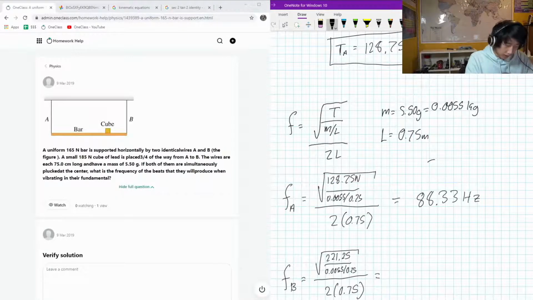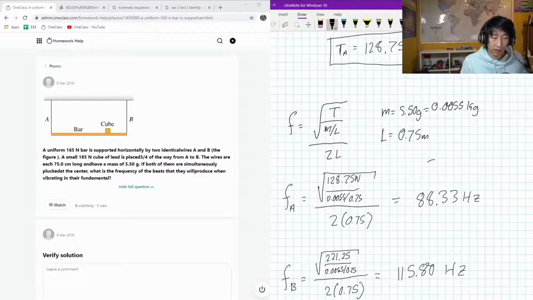Okay, so conveniently my calculator has some RAM, so it actually remembers the previous calculation. I can just sub out a different number. So my calculation for this, 115.80 hertz. Okay, so it's going to be a slightly higher frequency, but still very, very low.